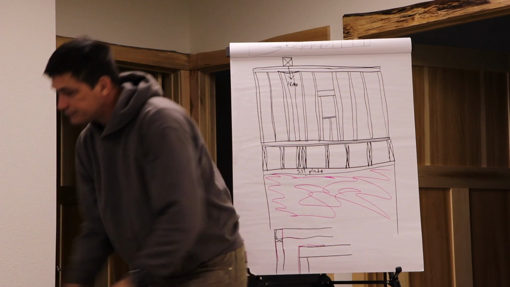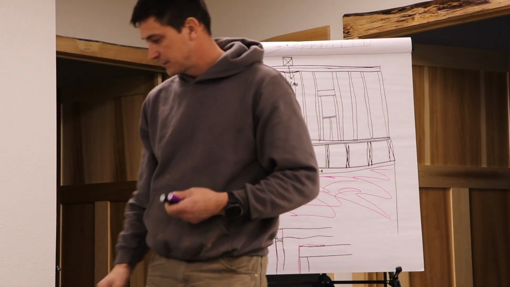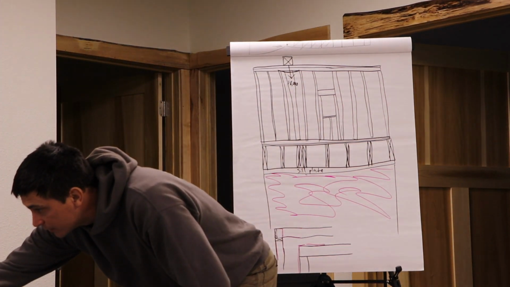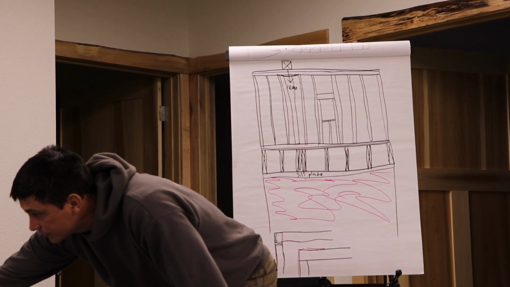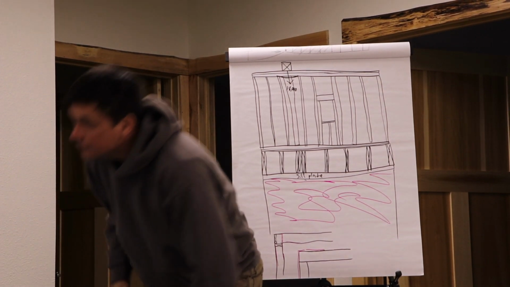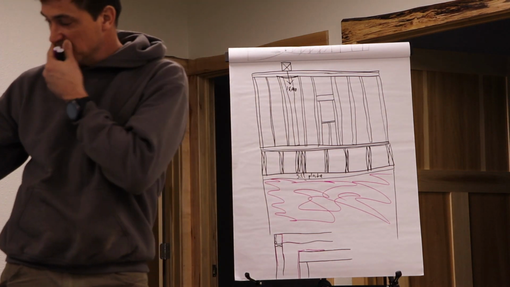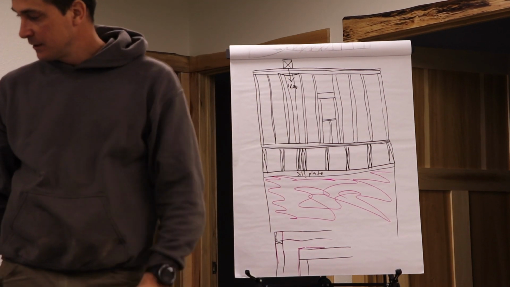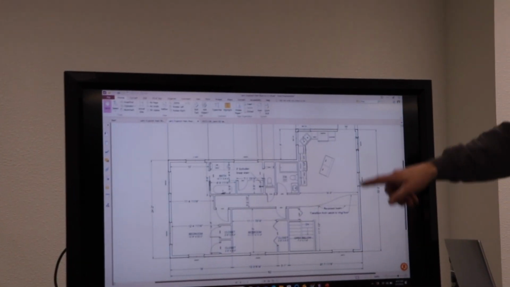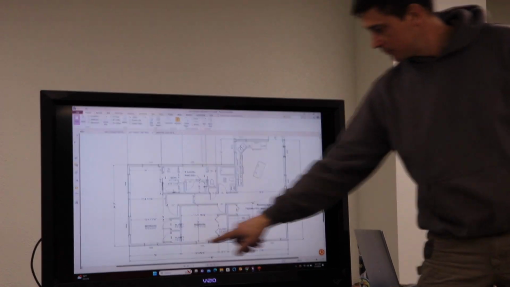Okay, so here's a drawing. We can zoom in on that a little bit. If we're looking at this structure, this is the actual house. This one had a basement under this area.